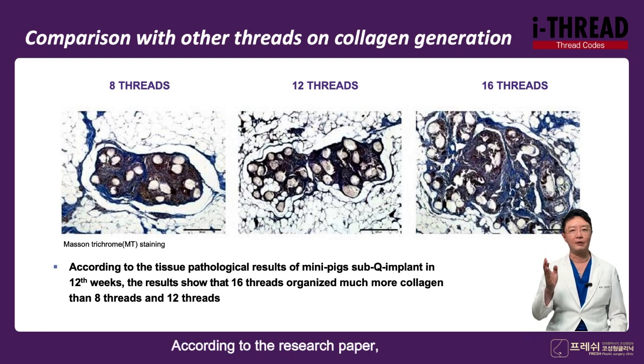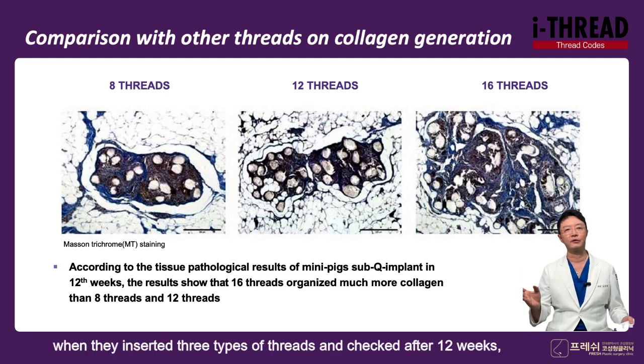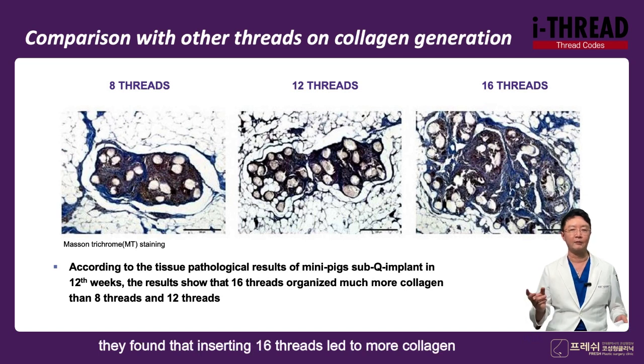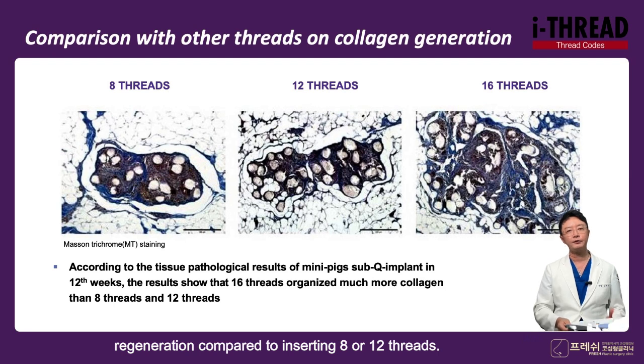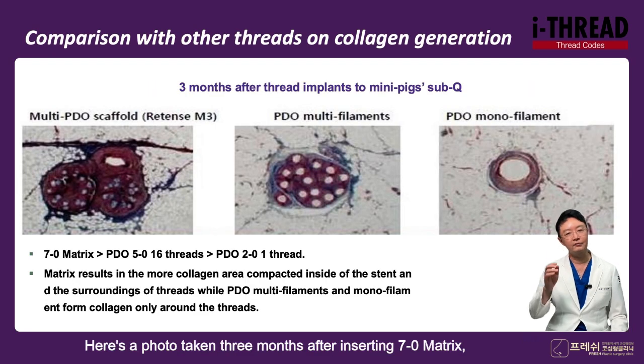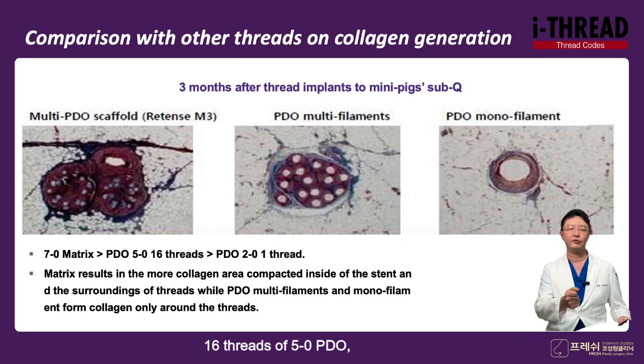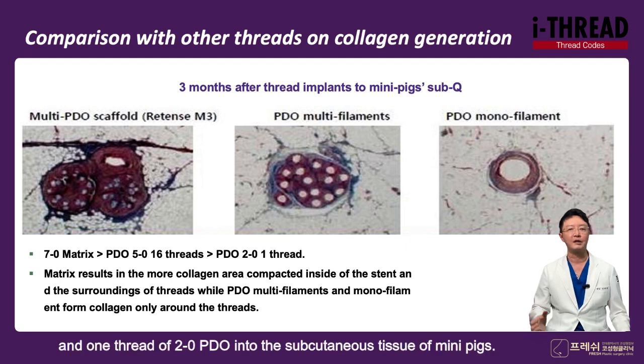According to the research paper, when they inserted 3 types of threads and checked after 12 weeks, they found that inserting 16 threads led to more collagen regeneration compared to inserting 8 or 12 threads. Here's a photo taken 3 months after inserting 7-O matrix, 16 threads of 5-OPDO, and 1 thread of 2-OPDO into the subcutaneous tissue of mini pigs.